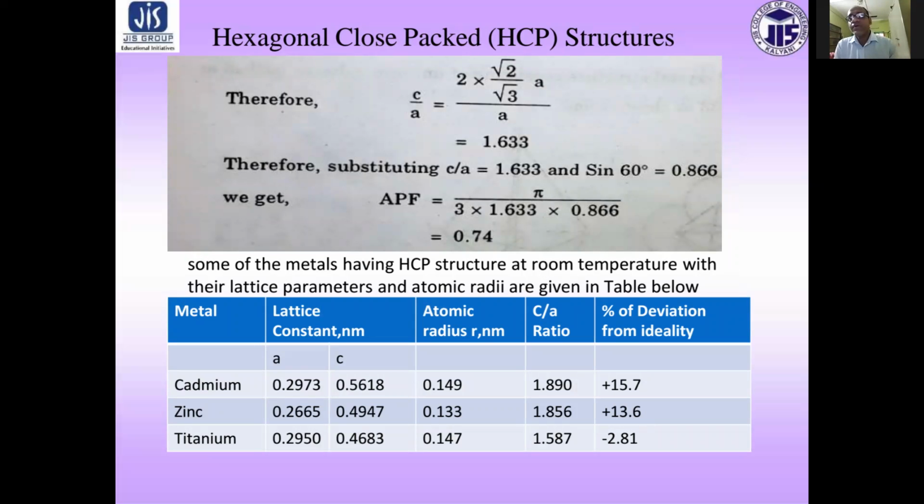Now the C by A we can put it directly, that is 2PT by RS.